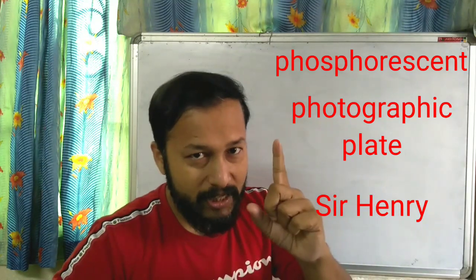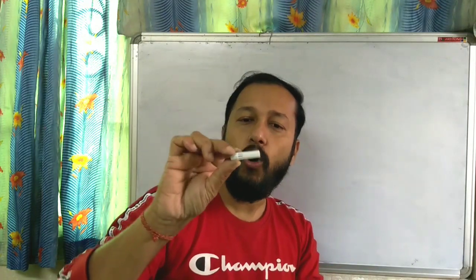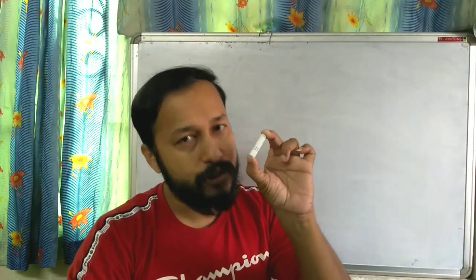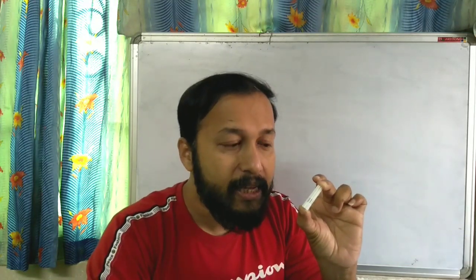Okay, so first what I said, phosphorescent. Now what is phosphorescent? Phosphorescent is a simple material, but it has a special ability. What is that ability? The special ability is that it can absorb light.